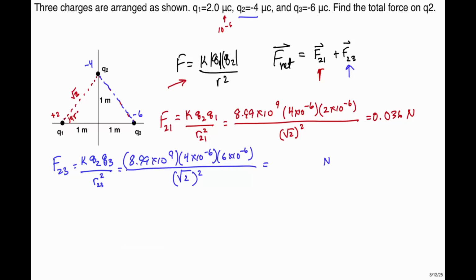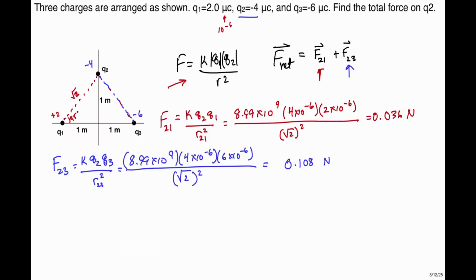It should be bigger. It's the same distance, but it's bigger charges, right? So it should be bigger, and indeed it is. I just read the wrong line on my sheet. 0.108. There we go. Newtons. Okay. So now I've got the magnitudes.